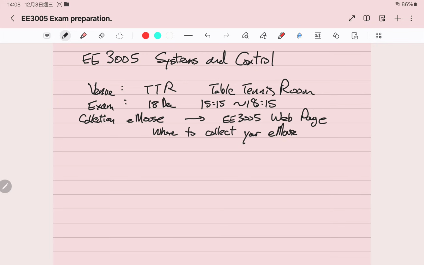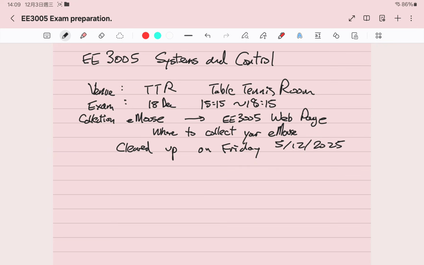Everything will be cleared up on Friday. Actually, it's not cleared up on Friday, it's cleared up on Monday morning. But I suppose you don't go back to PolyU on Saturday and Sunday. So the deadline to collect your emails is December 5th, Friday.